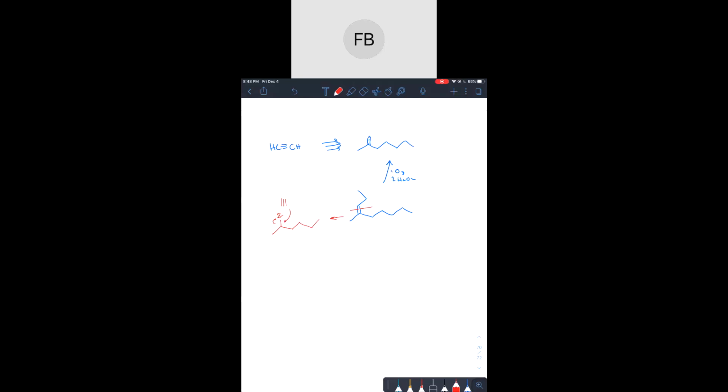These negatively charged carbons with secondary or tertiary leaving groups. It's elimination, not substitution. Yeah, exactly. And this is obvious though, because when I actually tried to do it, I was like, oops, that's not going to work. Because you can't put a triple bond on there. So it's not something that you even have to know. It's intuitive that you can't substitute a triple bond onto where a secondary leaving group had been.